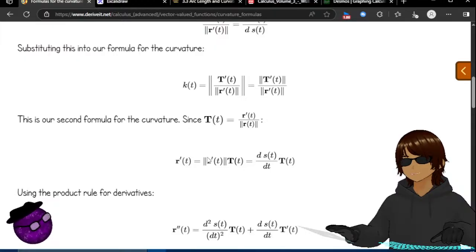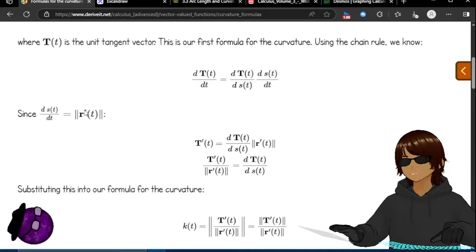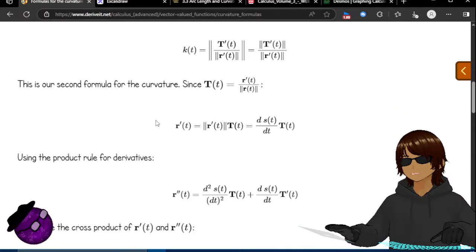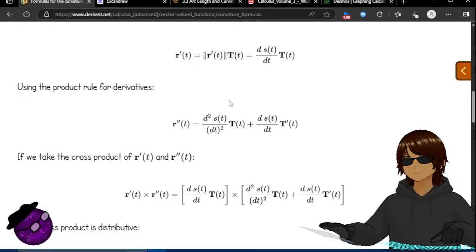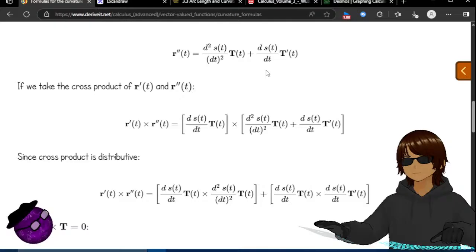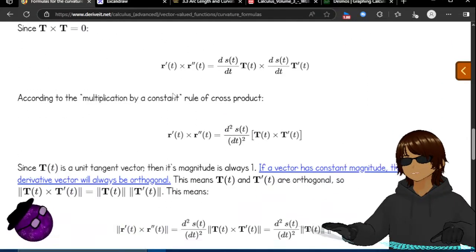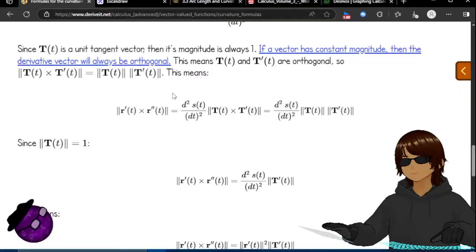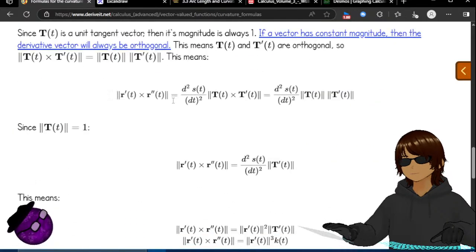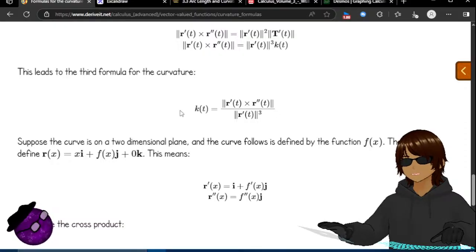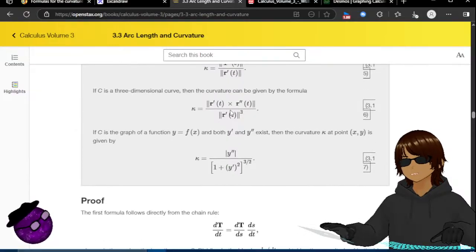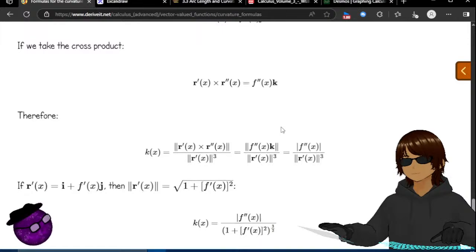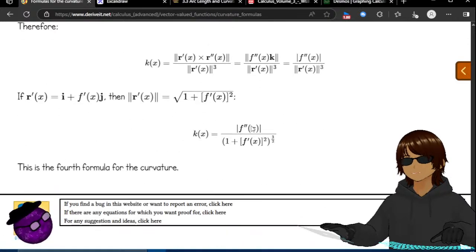And since the length is defined by derivative of s, we can define r like this. And then we can differentiate it again to get all this. We take the cross product. Okay, this ends up with this, and this is how we end up with the third formula. And of course, the last one is given as well.